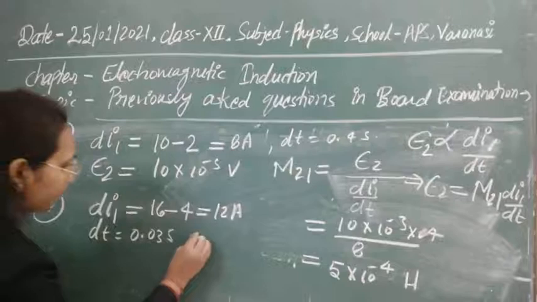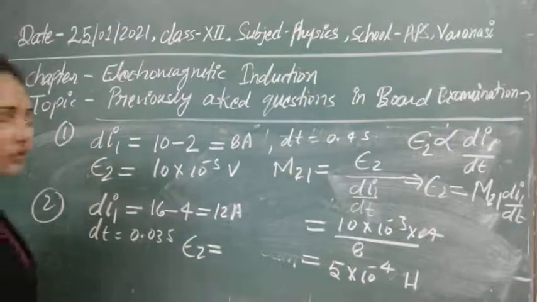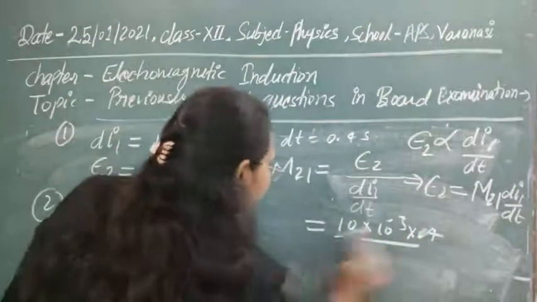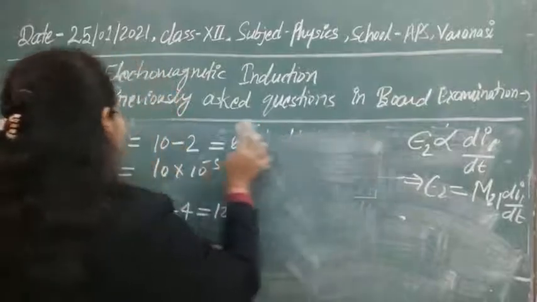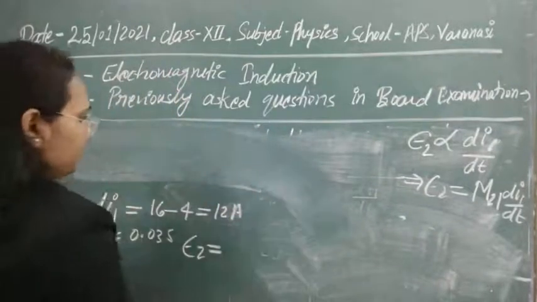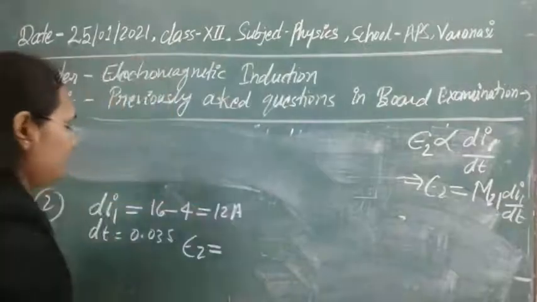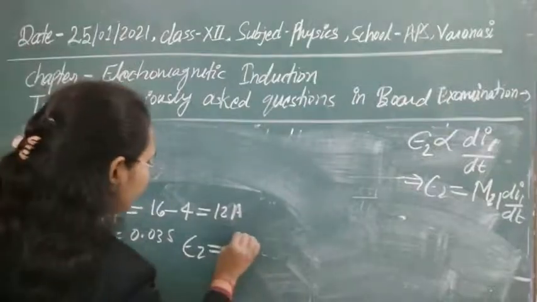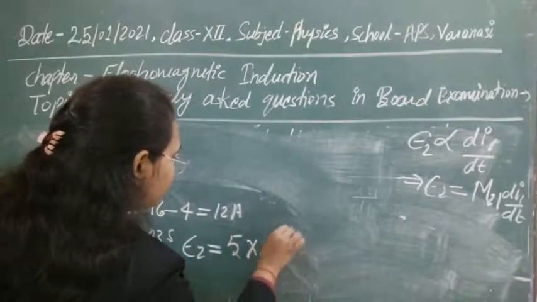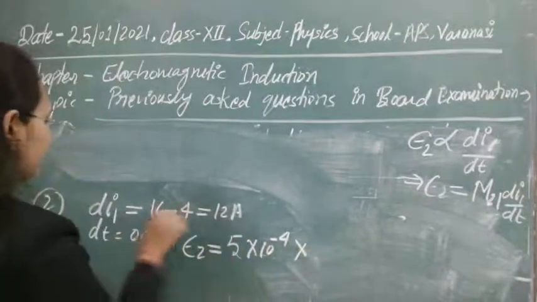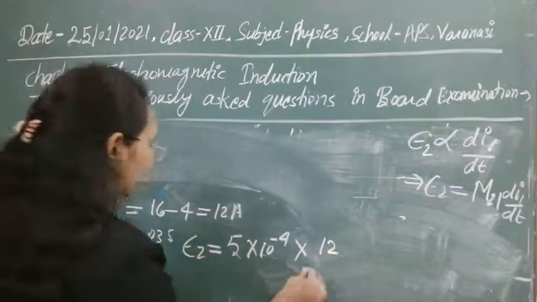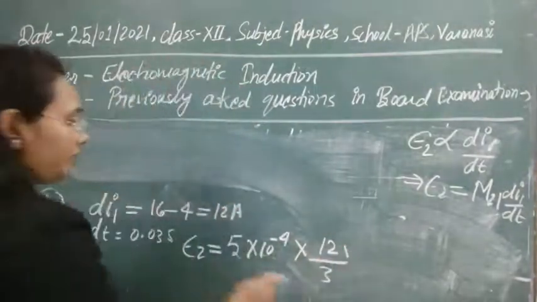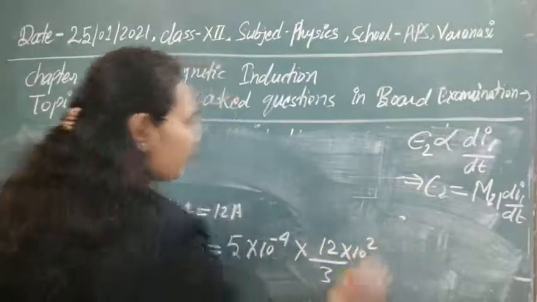So obviously this E2 will be equal to M21 di by dt, and the value of M21 we have, that is 5 into 10 to the power minus 4, value of di we have 12, value of dt we have 0.03, or we can write 3 into 10 to the power minus 2, and if you take it off, then this will be 10 power 2.